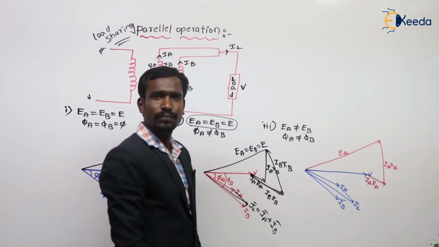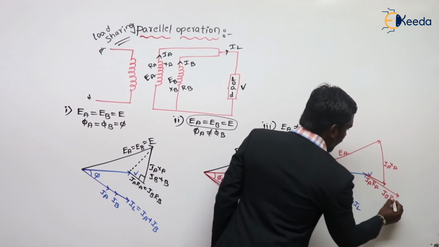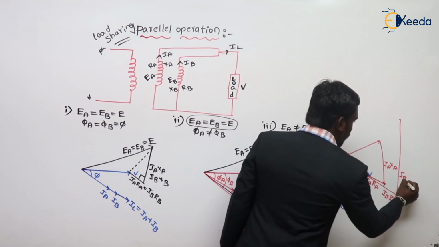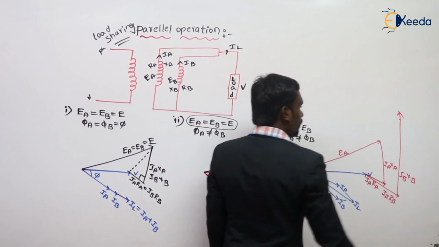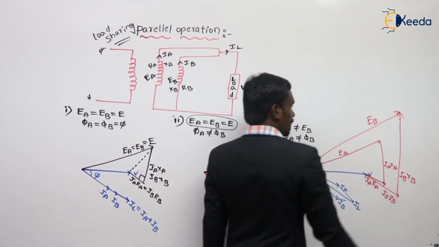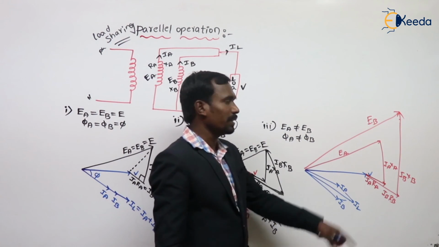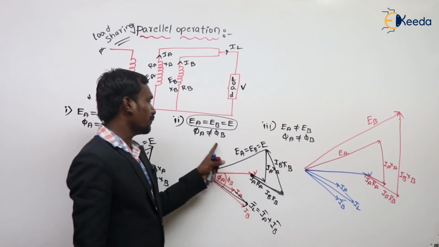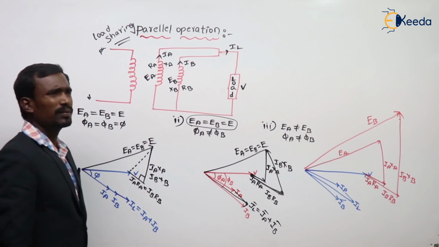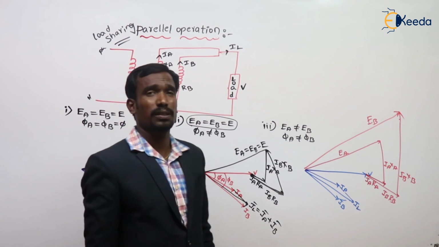EA is completed. Now IB is there. For IB, this is my IBRB, and perpendicularly IBXB, and this vector is EB. This is completely different. EA, EB not equal, phi A, phi B not equal. EA, EB equal, but phi A, phi B not equal. EA, EB equal and phi A, phi B equal. Like this, different vector diagrams for parallel operation of two transformers.